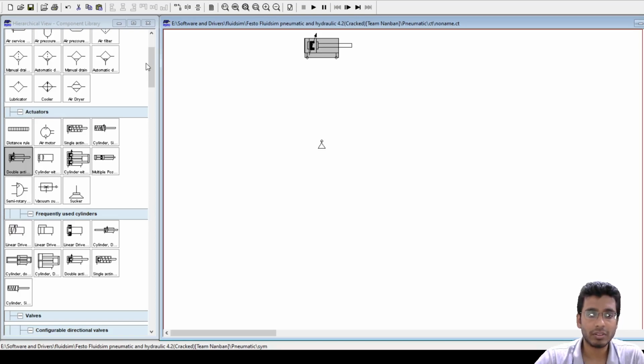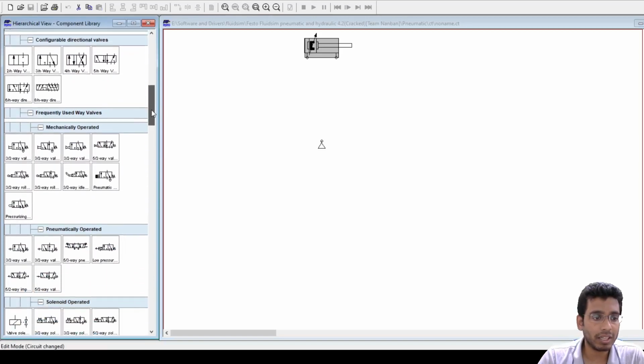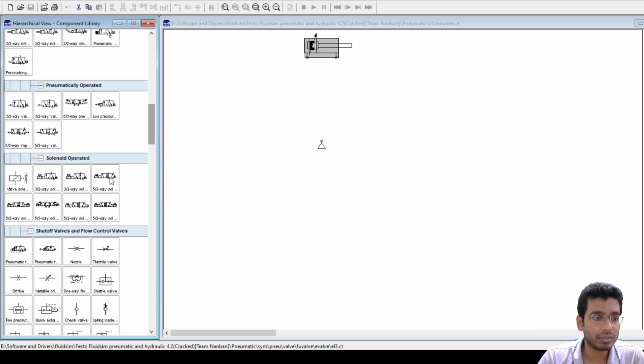For the double acting cylinder, what do we require? Which type of valve? By now you should be knowing, I believe. So we'll be requiring a 5x2 way double solenoid valve.